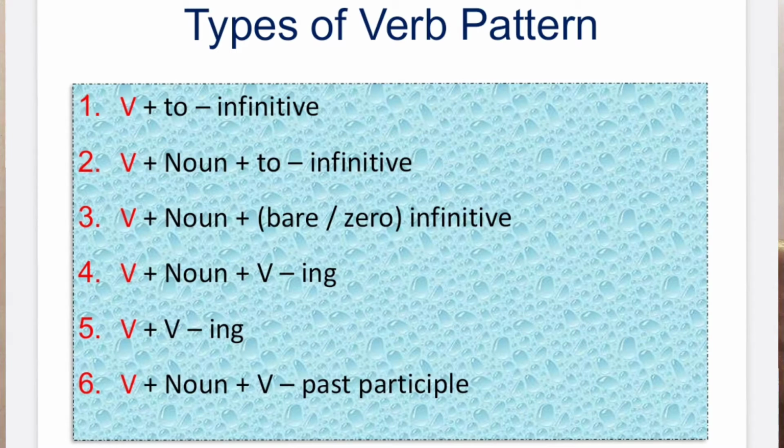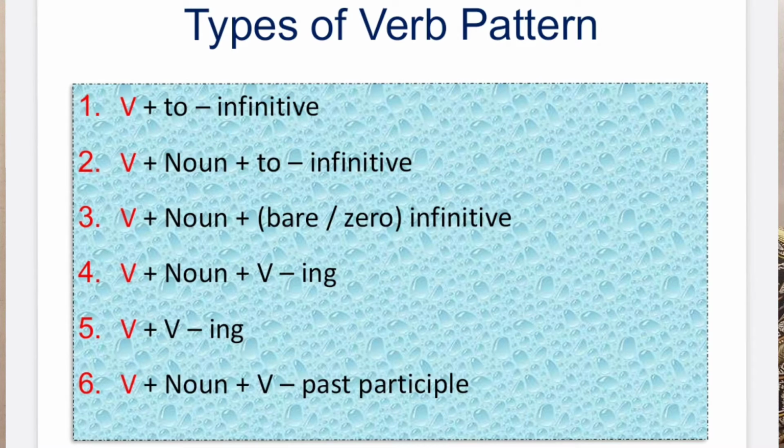And you might have noticed a common thing in these six structures. What is common? The first verb is common in all structures. It shows the first verb is the prime important, and the first verb is the finite verb, and the next one is a different form which is carried by the finite verb.